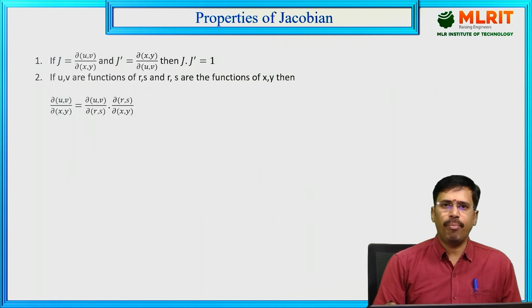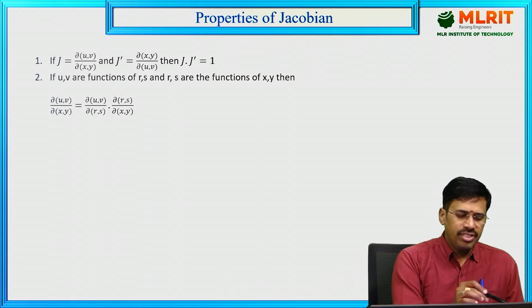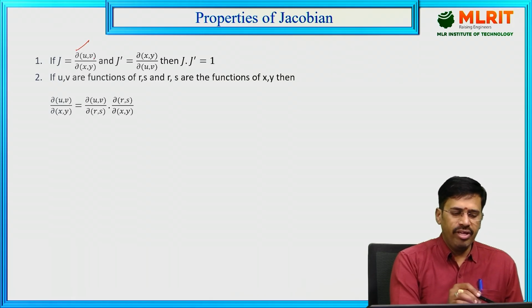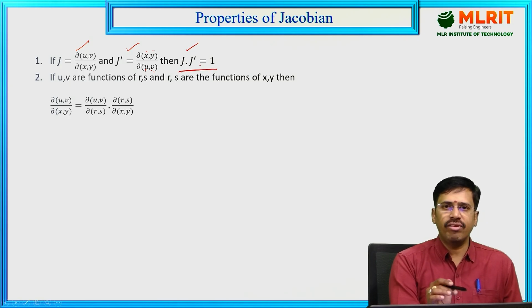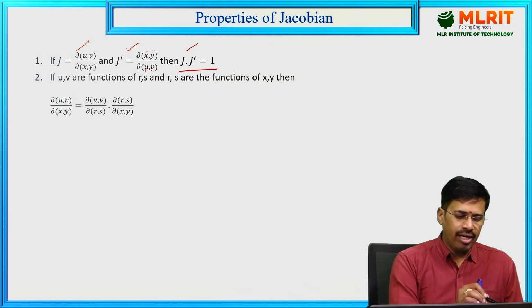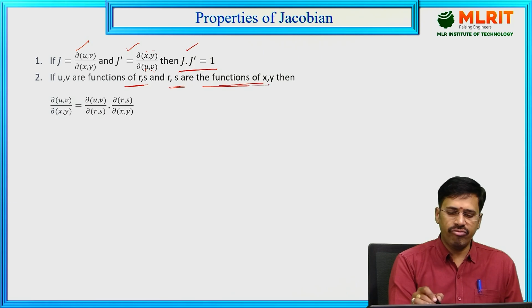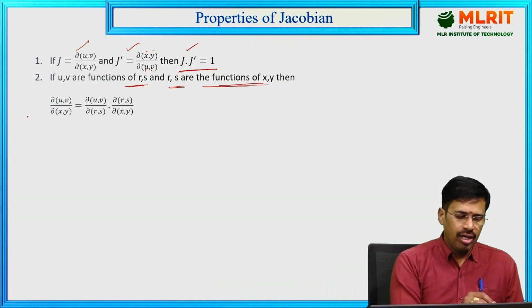Now there are a few properties of Jacobian. Suppose J is equal to the Jacobian of u and v with respect to x and y, and J dash is the Jacobian of x and y with respect to u comma v. Then this property holds good: J into J dash is always equal to 1. And the second one: if u comma v are functions of r, s, and r, s are again functions of two variables x and y, then we define the Jacobian dou u comma v with respect to x comma y.